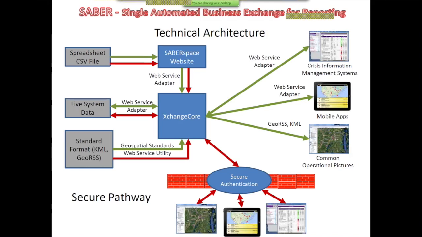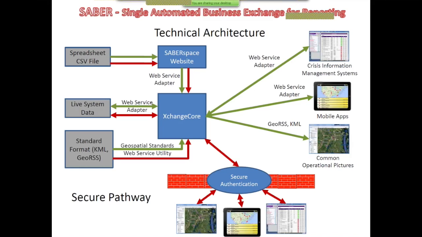So there is that wall that can be built. It's not a technical issue. It's done every day inside of XchangeCore. It's only a procedural one for the SABER community to decide when it's time to do that.